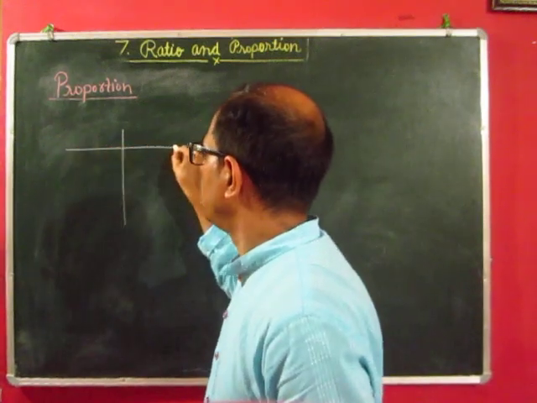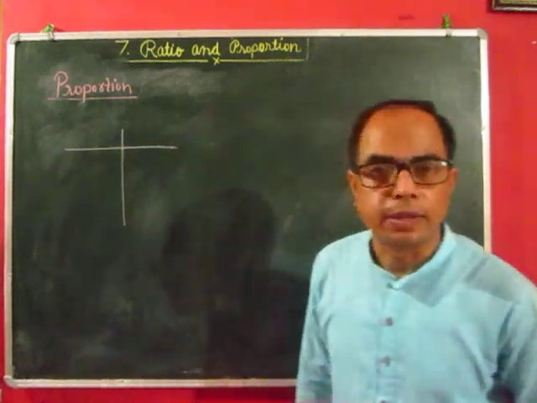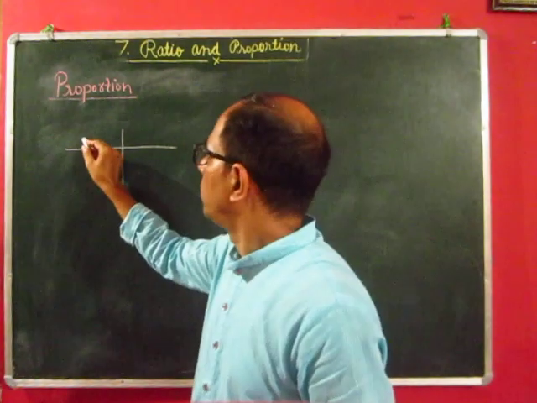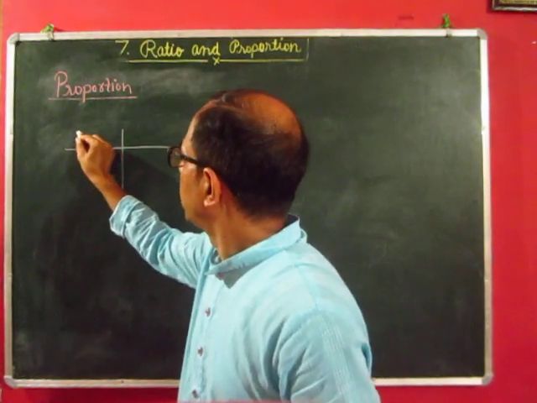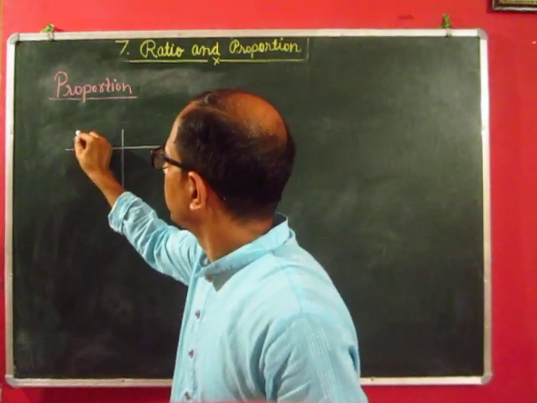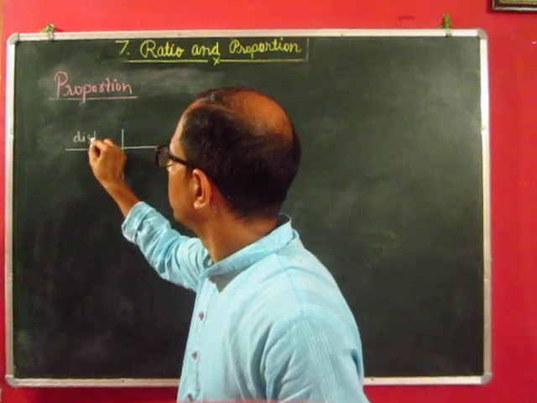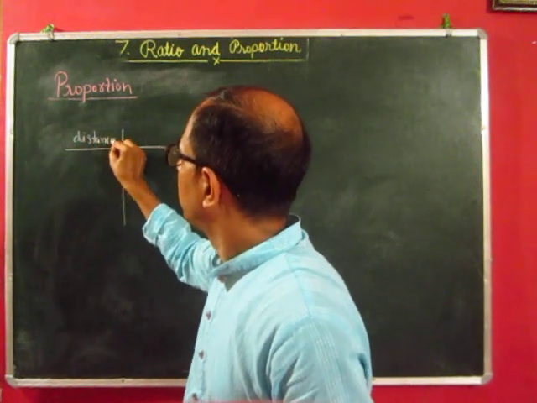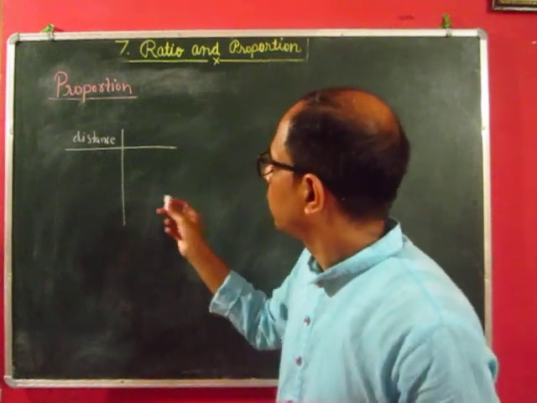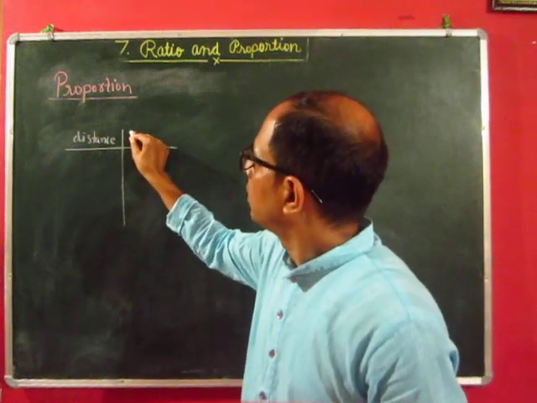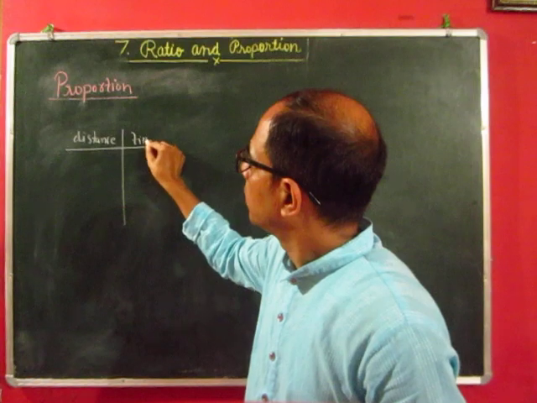Suppose a train is moving with a constant speed. Clear? So, in the first column, we are writing data for distance, and in the next column we write data for time taken.